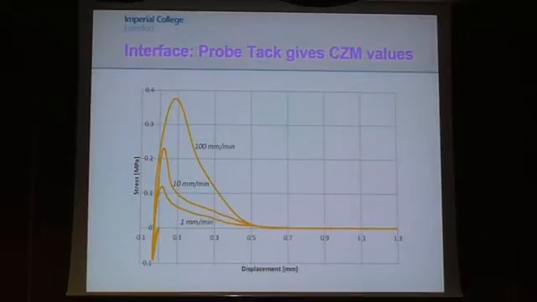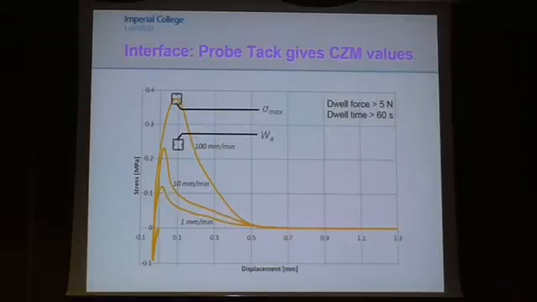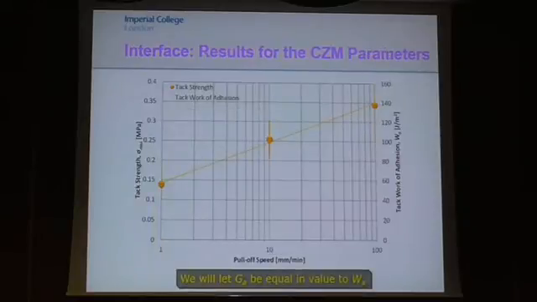Converting that graph into stress versus displacement, kind of like my traction separation law, you can see that there's a rate dependence. And the two parameters that I want are the area under the graph and the maximum peak stress. Like I said, I did the pull-off part at different rates, and there's a rate dependence for the tack strength, which is the maximum strength, as well as the tack work of adhesion, which is the area under the graph.